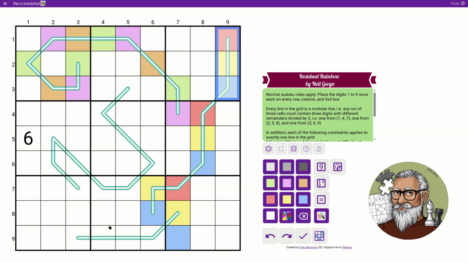Right, I need yellow. Can I do this? Does it matter? Yeah, I do need yellow here somewhere. And I need blue there somewhere. I don't know where red is. This is going to be difficult.